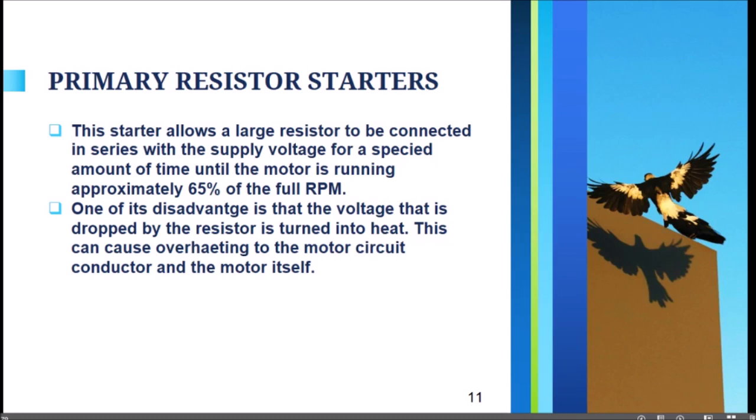Then after some time, when the motor is running at 65% of its full RPM, they will disengage. One of its disadvantages, not an advantage, is that the voltage dropped by the resistor is turned into heat. This can cause overheating to the motor circuit conductor and to the motor itself.